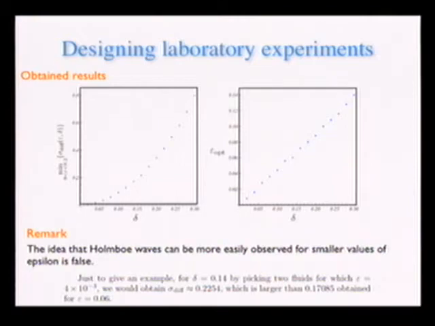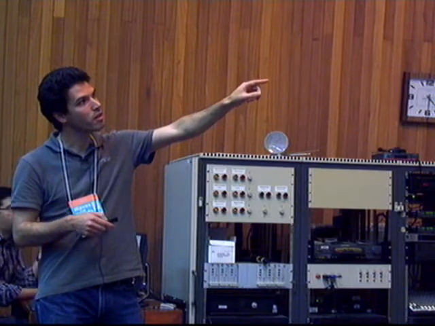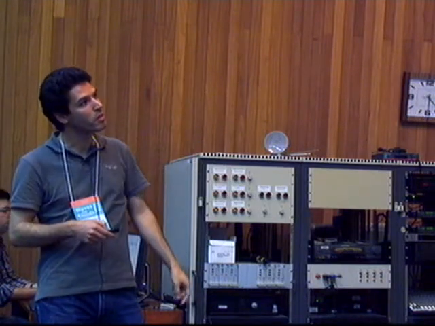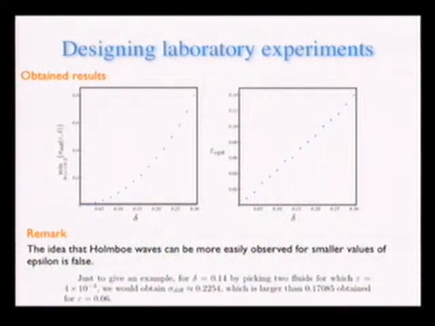If you want to minimize the difference between the growth rates of two unstable modes, this is the correspondence. So for this particular delta, you should go here. This is the best possibility to find the Holmboe waves. So this idea that they can be more easily observed for smaller values of epsilon is false.